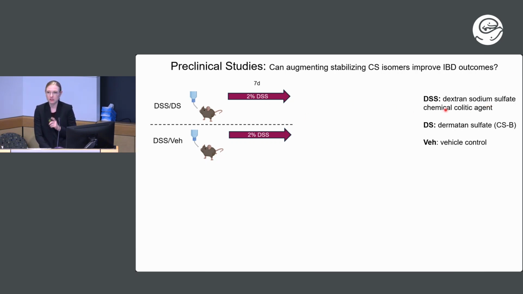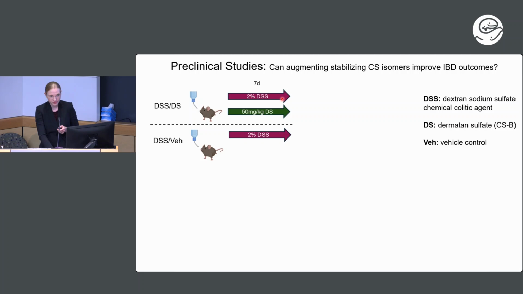This is a chemical colitic agent that causes intestinal injury that mimics inflammatory bowel disease, mostly colonic disease that mimics ulcerative colitis. So both of these mice got 2% DSS for 7 days. This is a well-developed protocol to produce ulcerative colitis-like phenotype in mice. One group of these mice were also concurrently given oral dermatan sulfate.